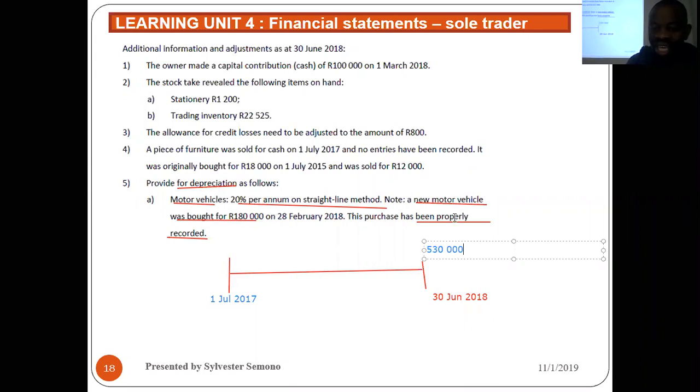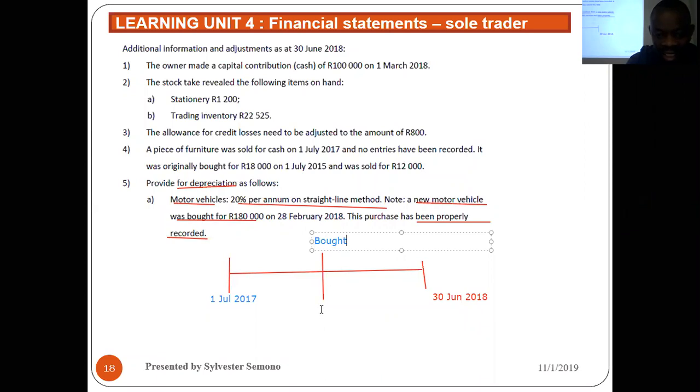But if you check here, they said there was a new vehicle which was bought somewhere on the 28th of Feb 2018. Do you agree with me that the vehicle was bought somewhere here? A new one was bought.